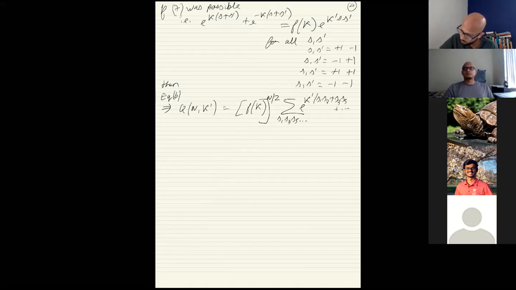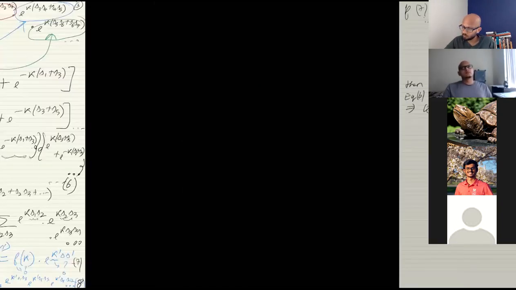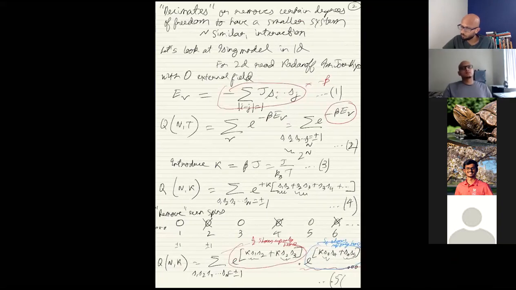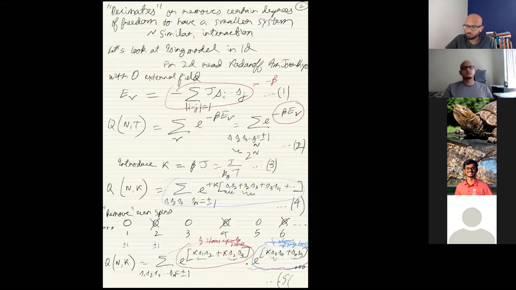dot dot dot). This equation number 8 is just like our Ising Hamiltonian, the partition function for the original Ising Hamiltonian, which was our equation number 4, right? If you look at equation number 4, it had k (s1 s2 plus s2 s3 plus s3 s4). This is very similar.